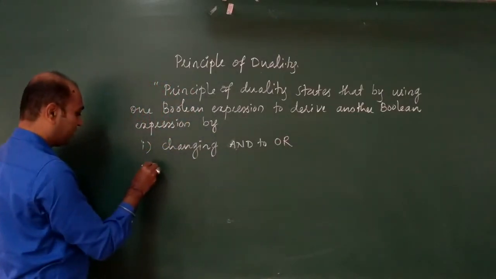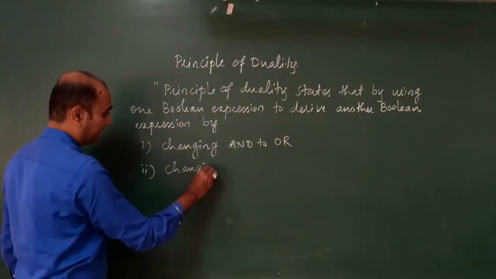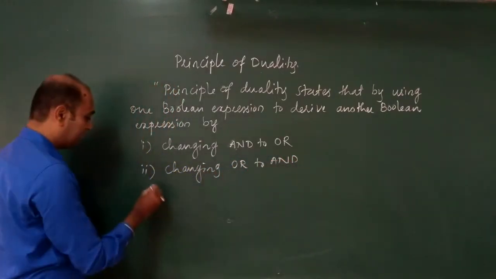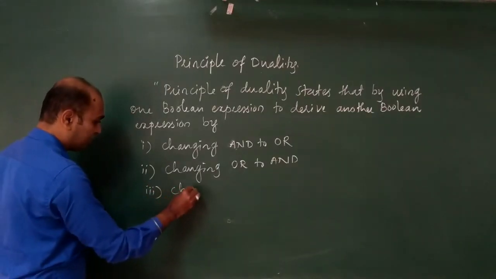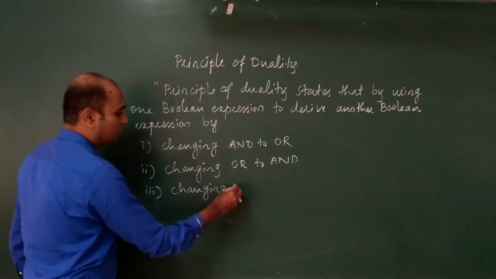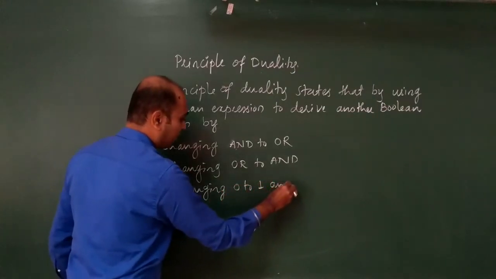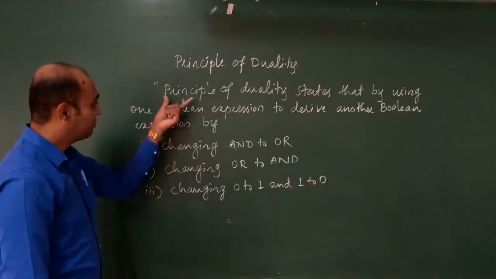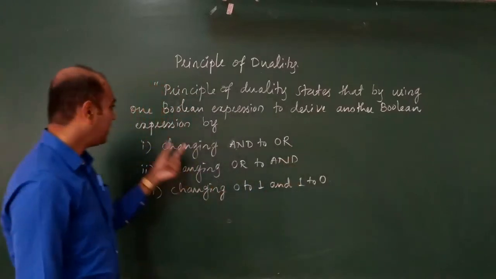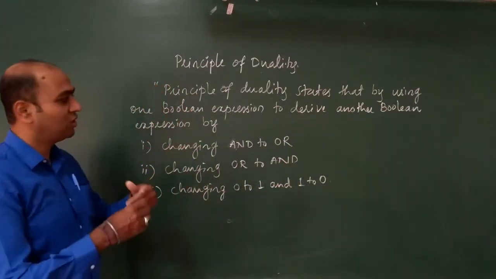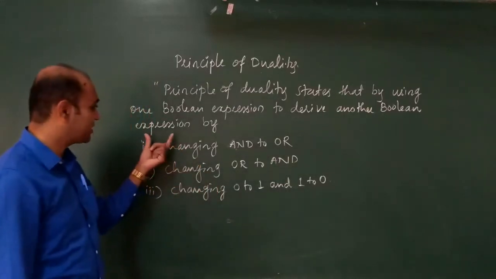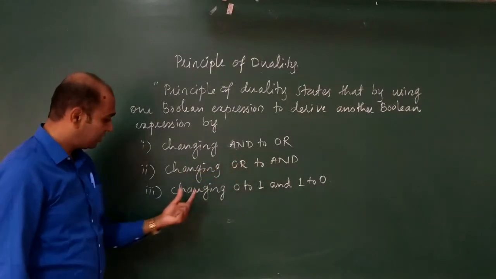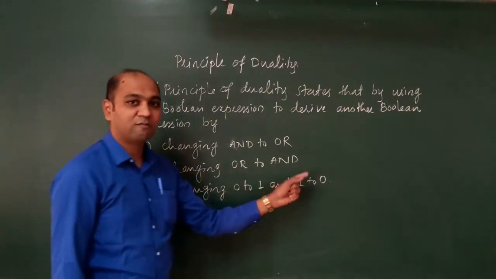Next, the second one is changing OR to AND operator. The third one is changing 0 to 1 and 1 to 0. So try to understand, students. Principle of duality states that by starting with one Boolean expression, we derive one more Boolean expression by changing AND to OR, changing OR to AND, changing 0 to 1 and 1 to 0.